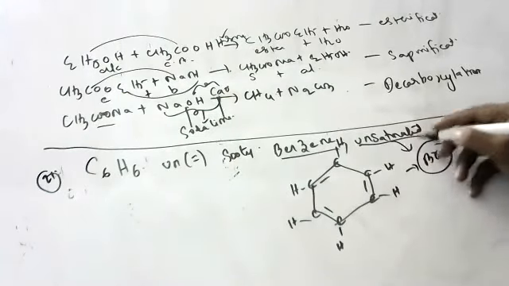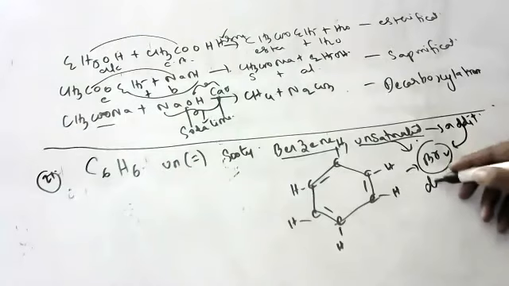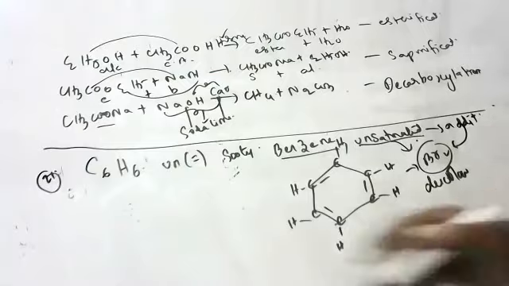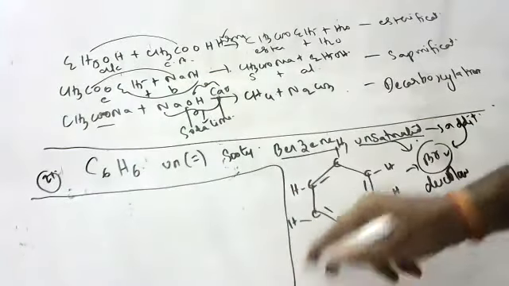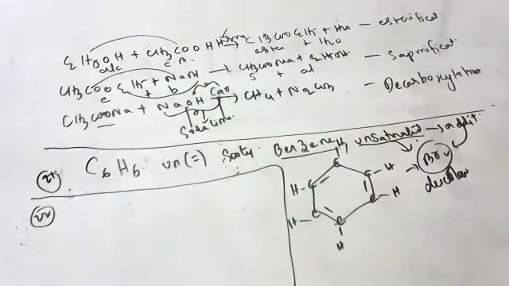Because it is unsaturated, unsaturated hydrocarbons will necessarily undergo addition reactions. Because of addition reactions, it can decolorize bromine water.